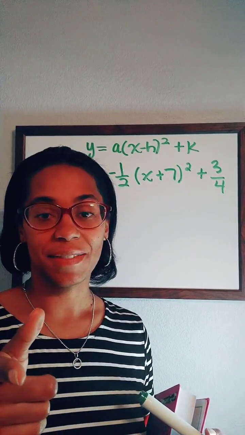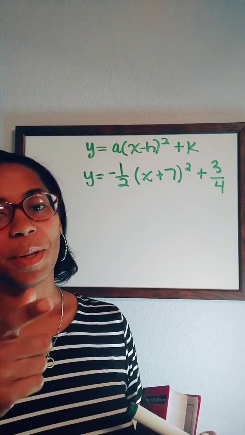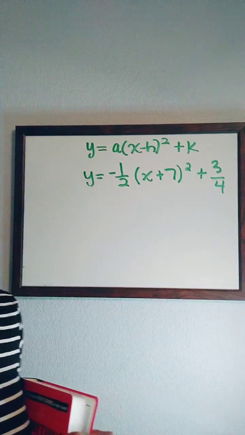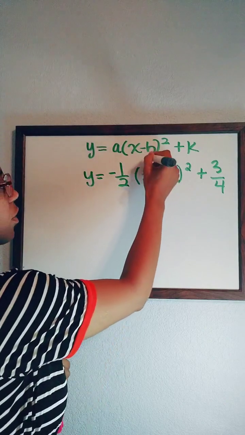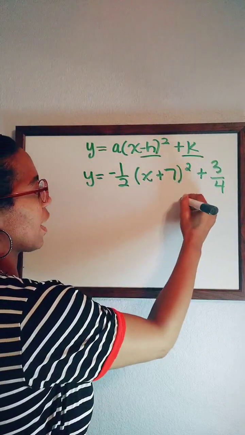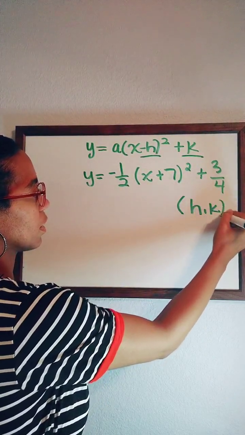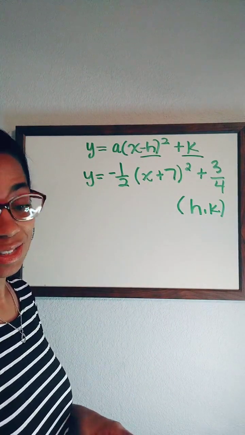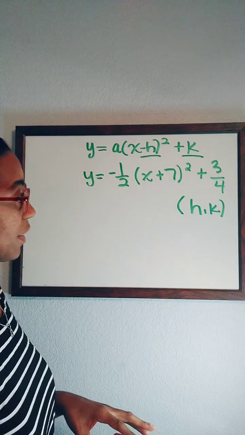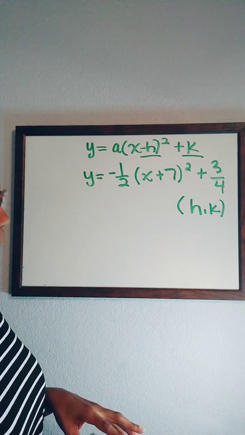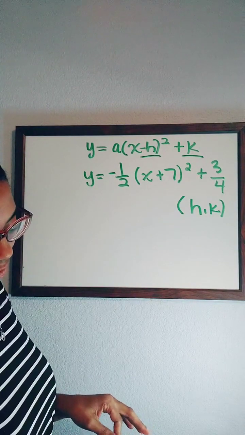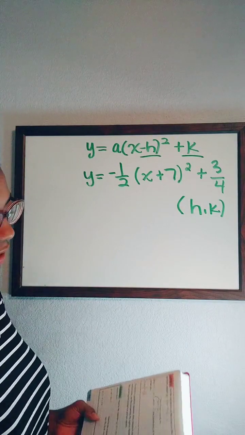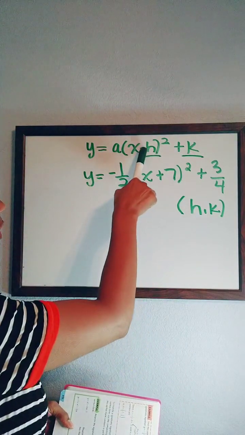No, we don't subtract the 7. So remember, it's already in that form. The only thing we need is the H and the K to write the vertex, right? So this is already in vertex form. Don't forget to include the negative sign, because this was supposed to be negative.